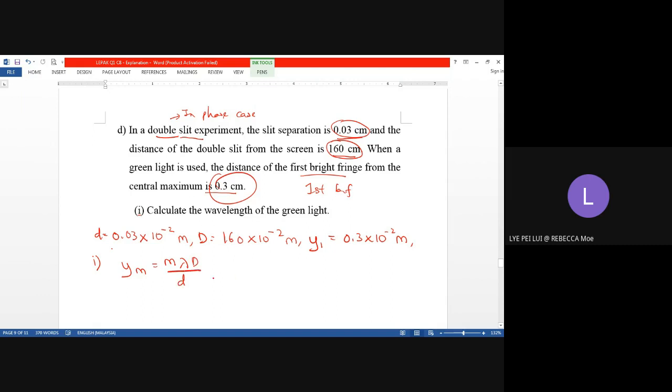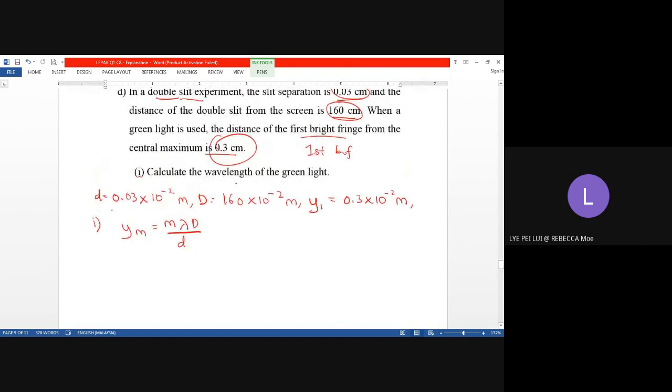Then we rearrange our equation to get lambda, because the question needs us to calculate the wavelength of the green light. Lambda as the subject, we cross multiply, so λ equals y_m d over m D.